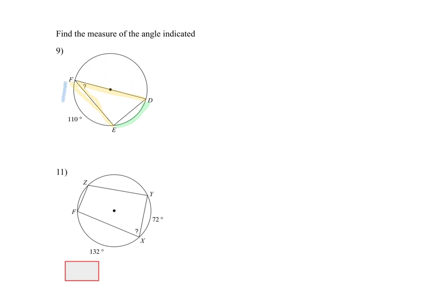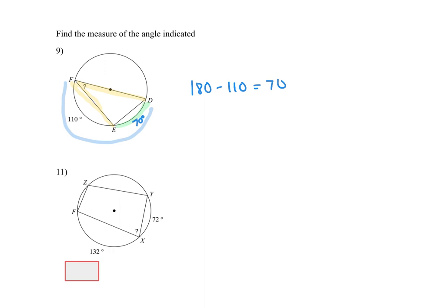So all the way around here is a semicircle. I have part of it. I need the other part. How do I find the other part? Yeah, so I'm going to say 180 minus 110, and what am I going to get there? 70. So now I know that this arc measure is 70 degrees, and now I can cut it in half to find my inscribed angle.